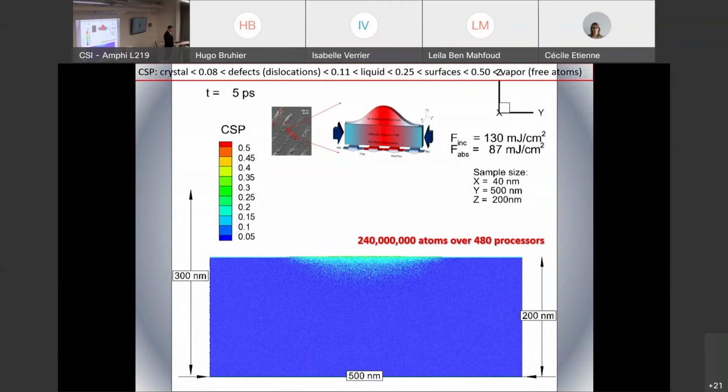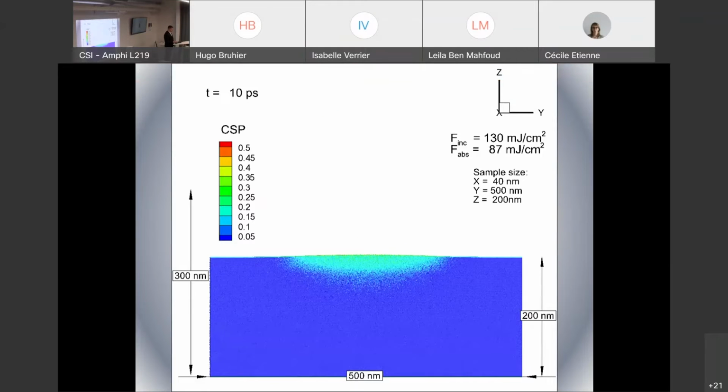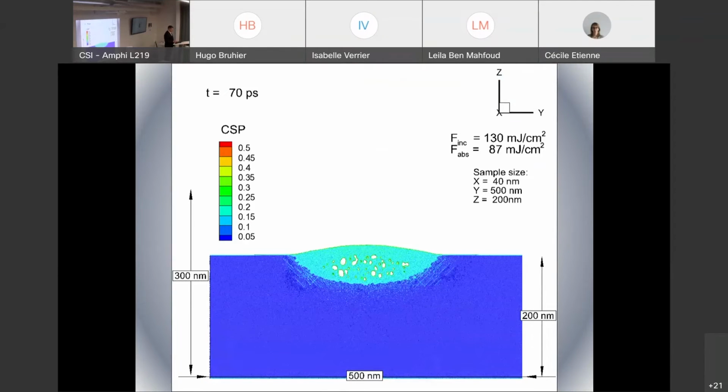Depending on the value of this parameter, we can identify atoms having crystal structure, participating in crystal defects, dislocations, liquid, surfaces, and vapor atoms. So we can see that we have fast melting established, the melting front propagates, and then at some point we can see formation of voids. These voids, as you can see, are empty of material, so there is no vapor inside. It's not a boiling process.